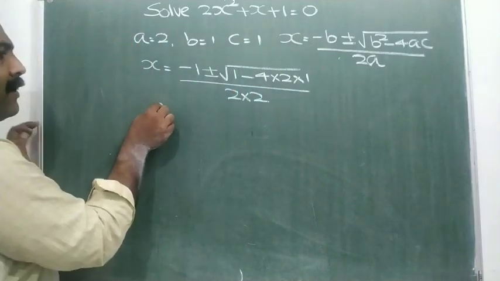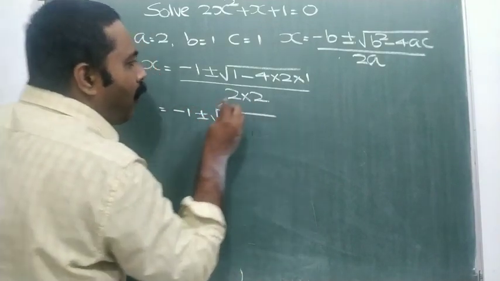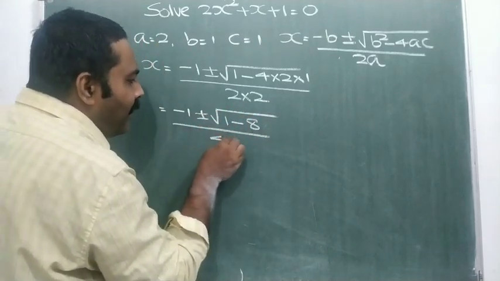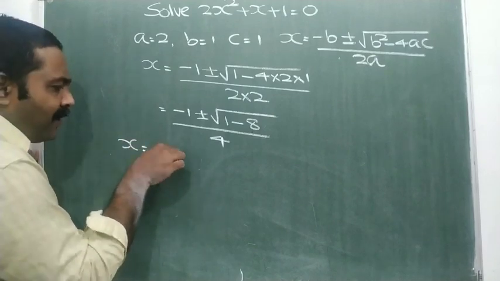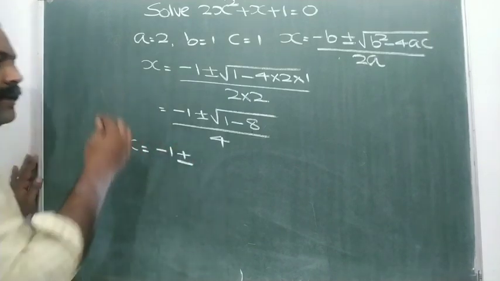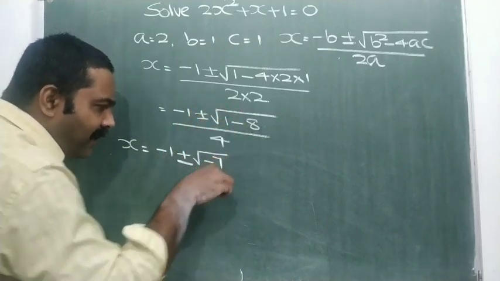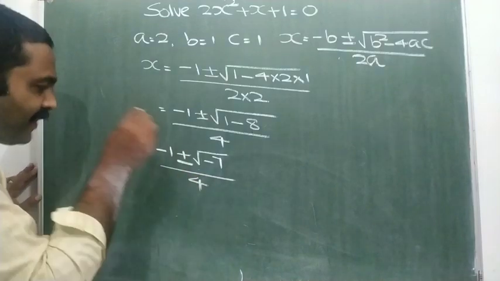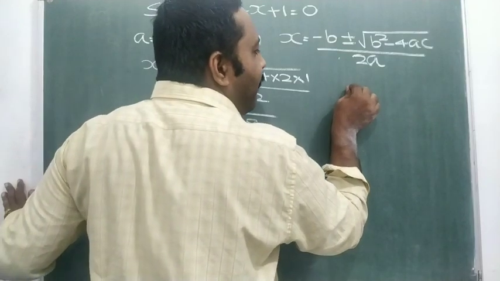Then minus 1 plus or minus root of 1 minus 8 by 4. Then x is equal to minus 1 plus or minus root of 1 minus 8, which is minus 7, by 4.